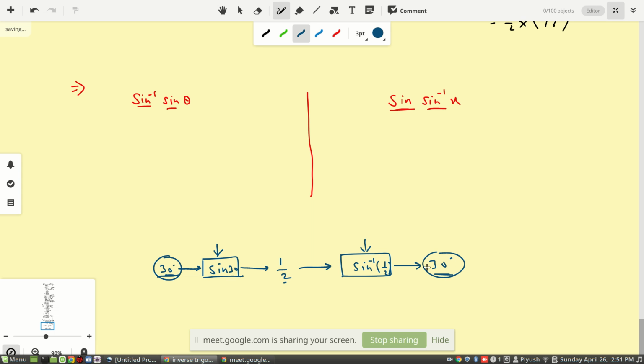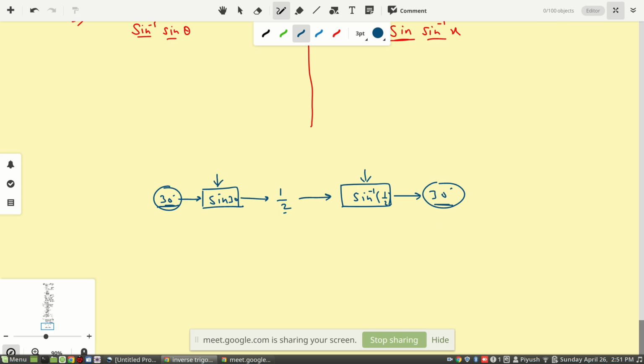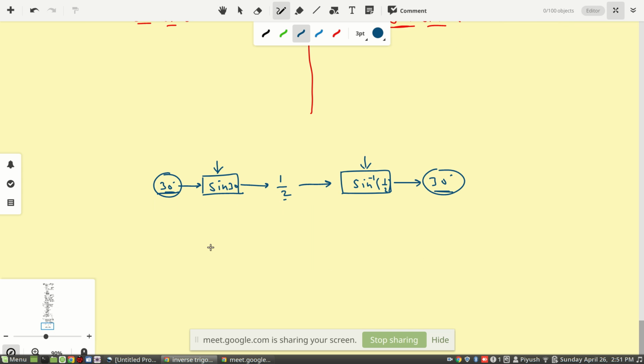Now the same thing will happen when you initially take sine inverse and then sine. Let me take one example. Here, first of all I take sine inverse, and let's say the input is root 3 by 2. Sine inverse of root 3 by 2 means 60 degrees. So the output will be 60 degrees. Then this angle is input for the next function, sine.